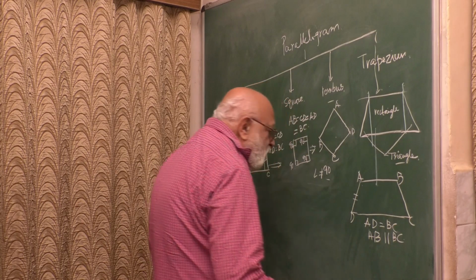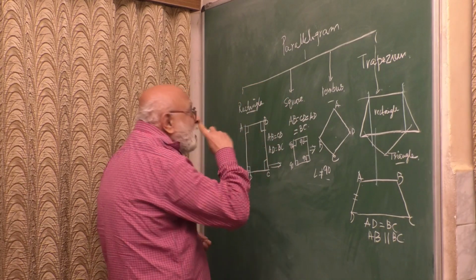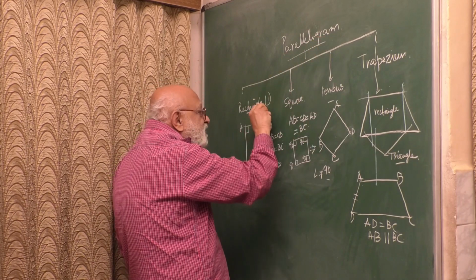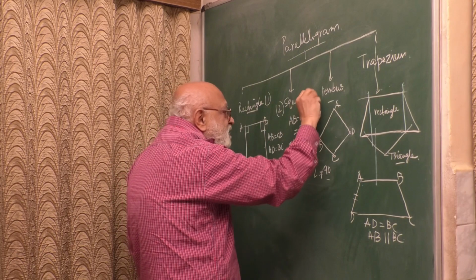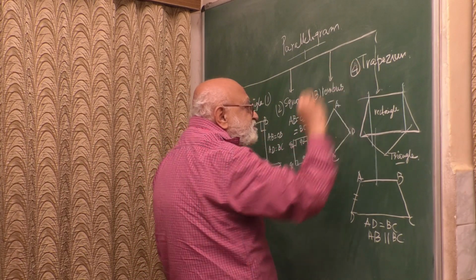Okay, this is how the whole system will look. There are all these: this is a parallelogram, these are triangles, this is a square, this is a rhombus, this is a trapezium.